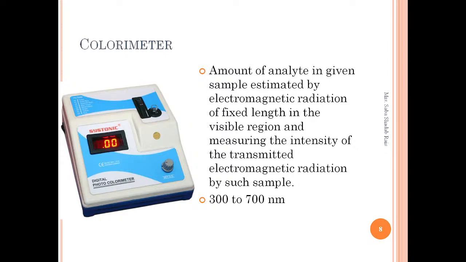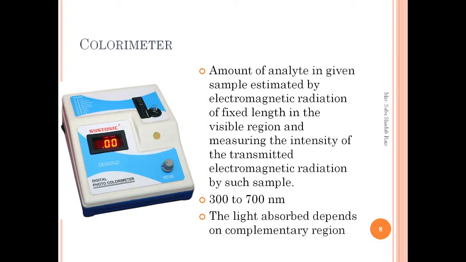How much analyte is present is found with the help of electromagnetic radiation passing through a fixed length in the visible region and measuring the intensity. The visible range is 300 to 800 nanometer, but in your book 700 is also given; the visible range is 300 to 700, but in a colorimeter we can select 300 to 800.